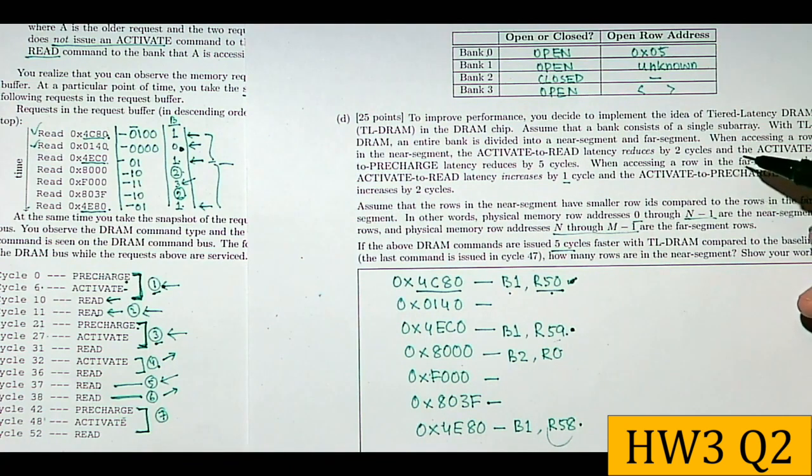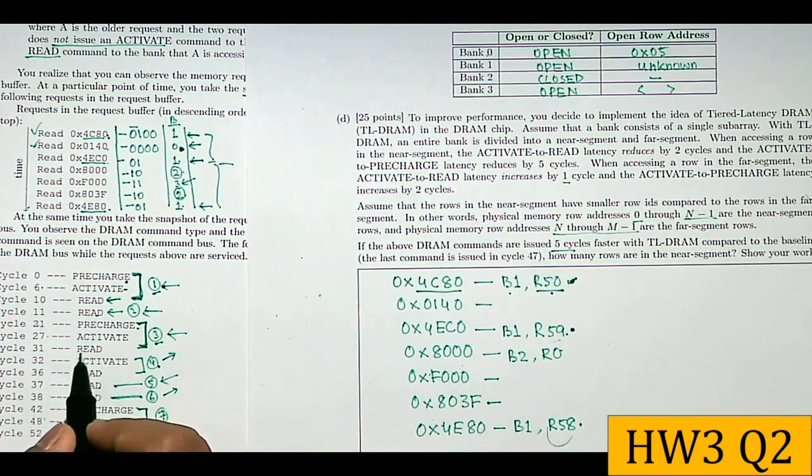Hypothetically, if we did have it, for example, where this was pre-charged in the near segment and activated in the fast segment, then it would be mentioned clearly. If you're pre-charging a near segment and then activating a fast segment, all those combinations would be there. Make sense? Okay.